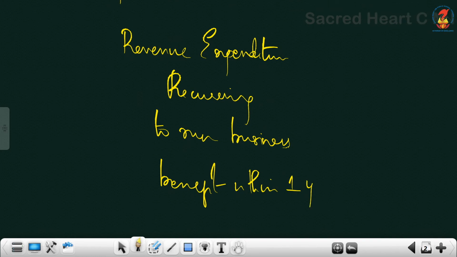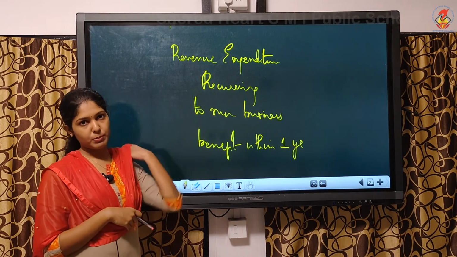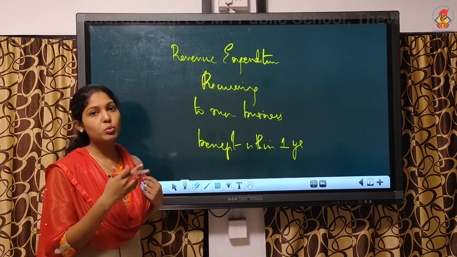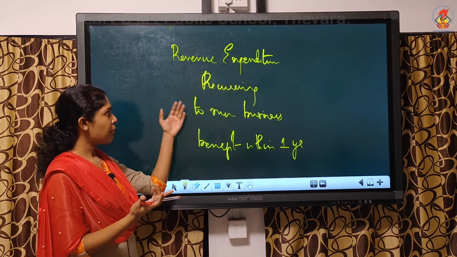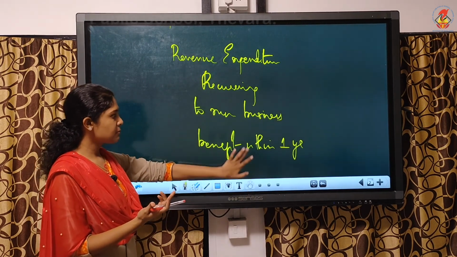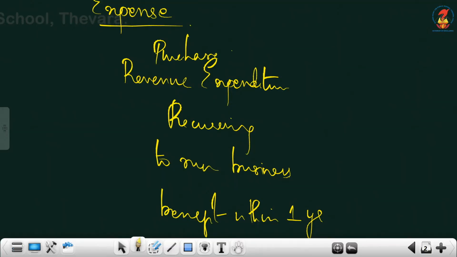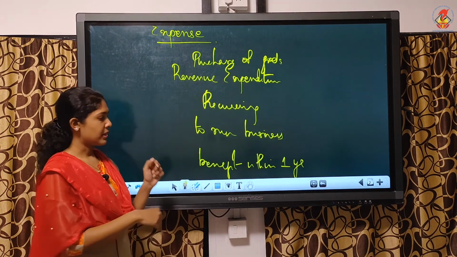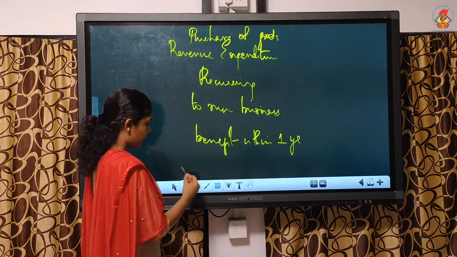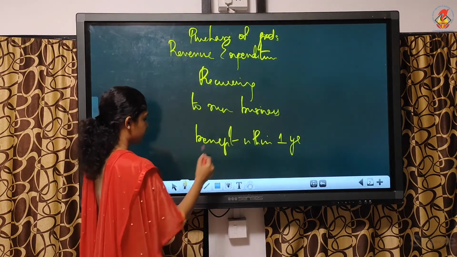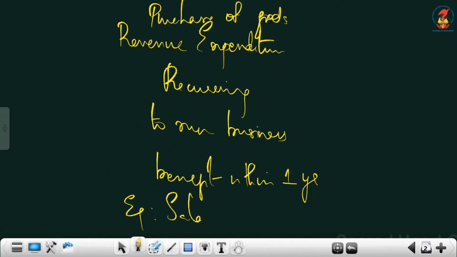These are the points we discussed under revenue expenditure. The same thing we can say for expense. So expense and revenue expenditure both are almost the same. That means the amount spent against purchase of, not fixed assets, it will be purchase of goods. The same meaning of revenue expenditure you can write here for expense. Examples also you can write the same, like salary paid, rent paid, electricity expenses paid.